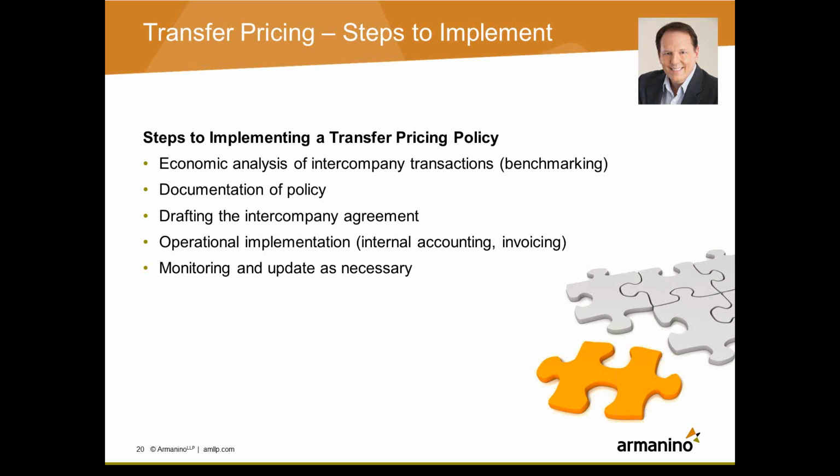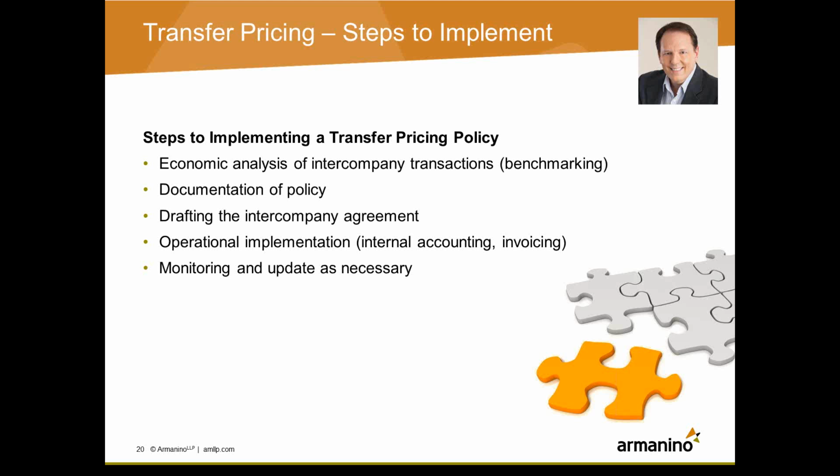The next would be the documentation of the policy, and there's various degrees of documentation that we can't really get into today, but needless to say, the documentation required by the IRS regulations is quite robust. Drafting the intercompany agreement is very important, because once an agent comes in and says, well, I identified intercompany transactions, I want to see the intercompany agreement that sets forth the terms and conditions that the parties have agreed to, including the pricing.